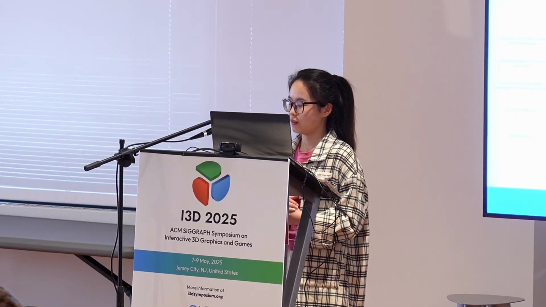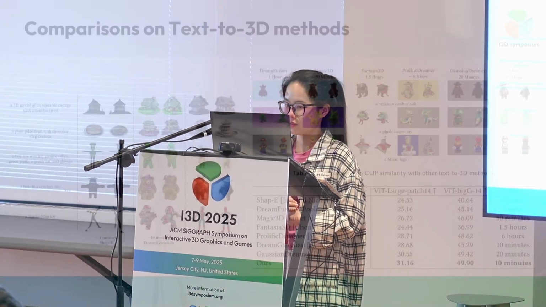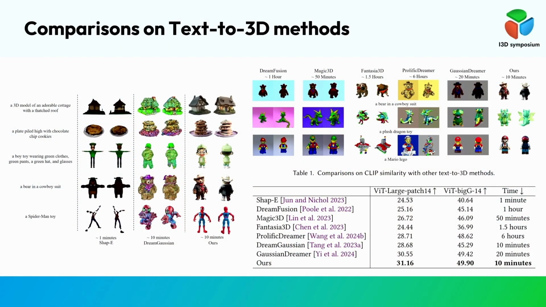Yeah. So I think you also compared with image to 3D methods, right? How many inputs do those methods take? Like one, or a bunch, like 10?